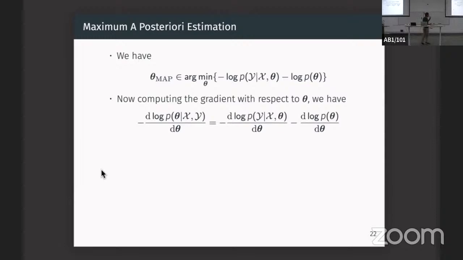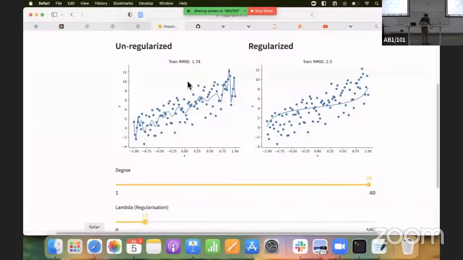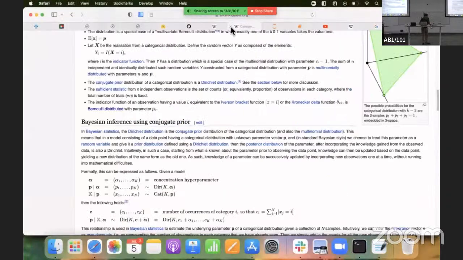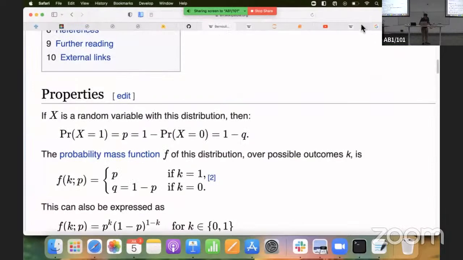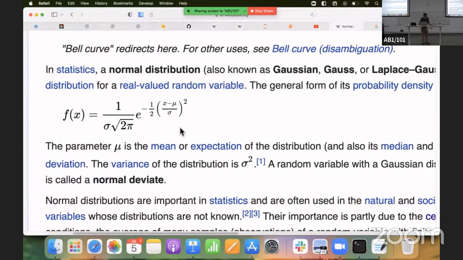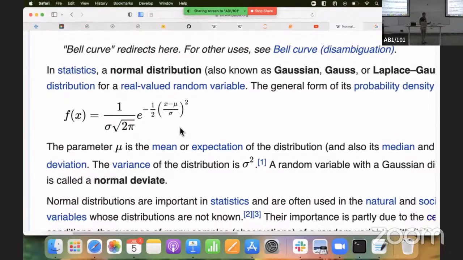So let's go back to the normal distribution again. In this particular case, what do we have the normal distribution over? What is the random variable for the normal distribution? Theta. p of theta is normally distributed with mean 0 and some covariance.